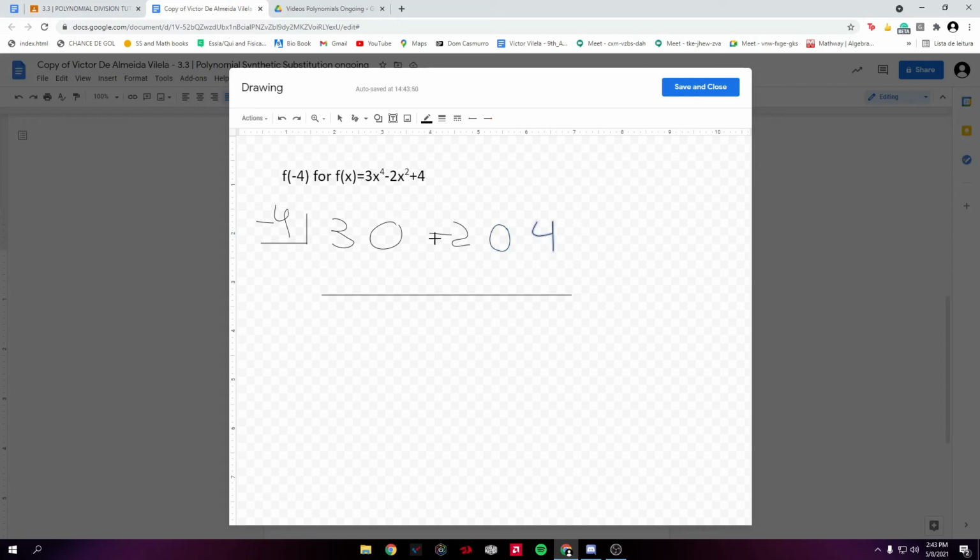Okay, so this is actually how you do it. So lower the 3, -4 times 3 is going to be -12, and then yeah, we got -12 here, and then -12 times -4 is going to be +48.